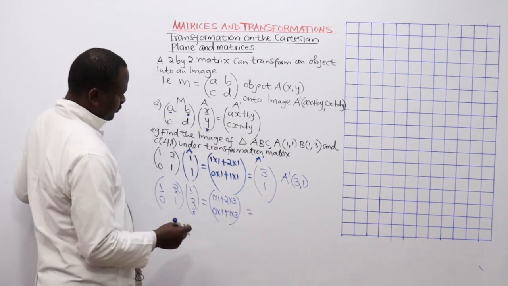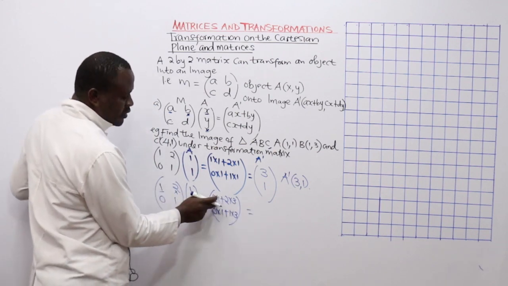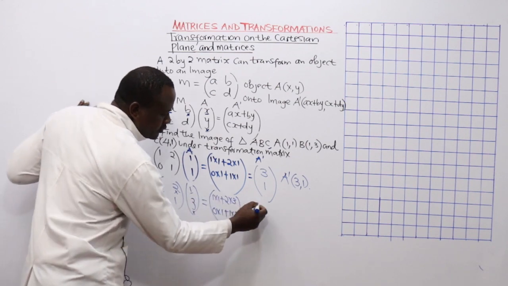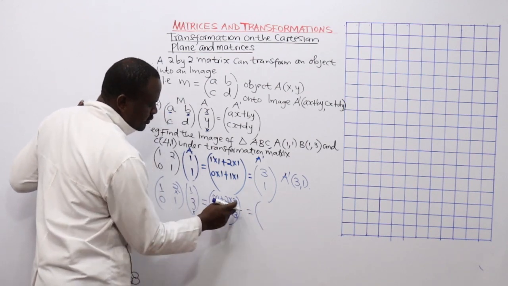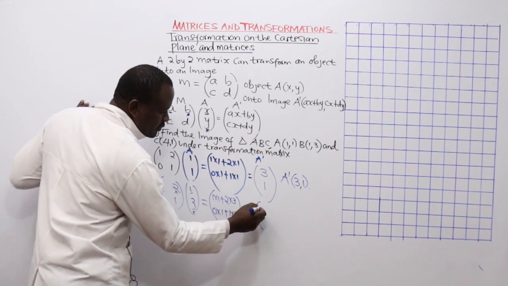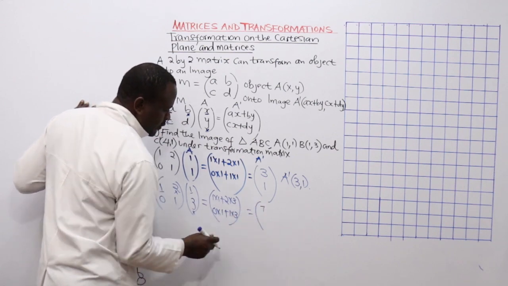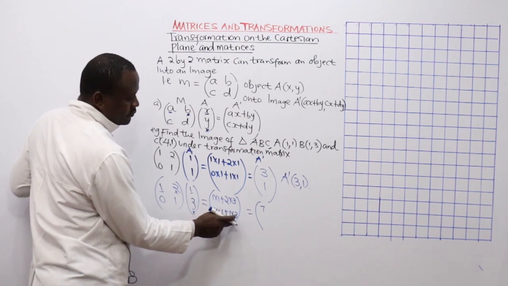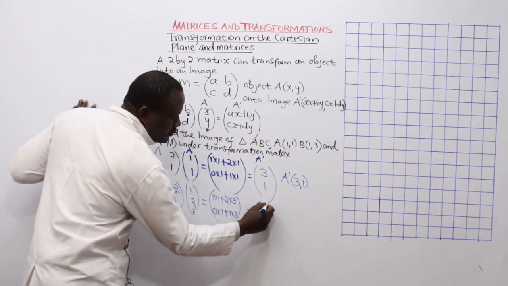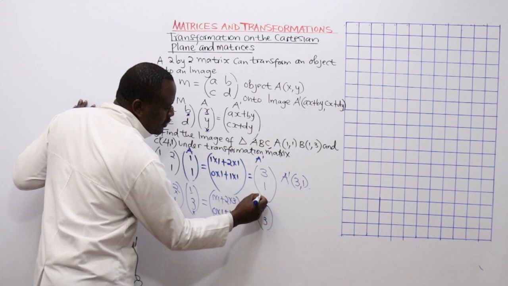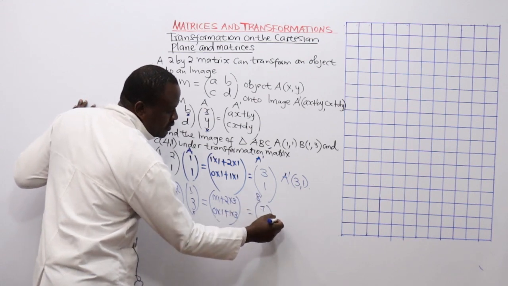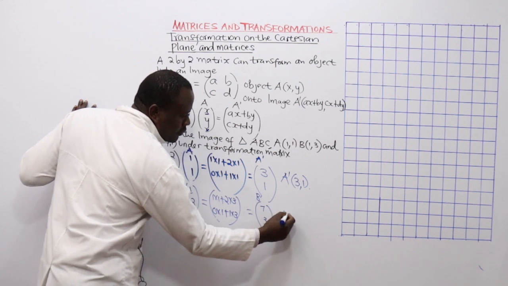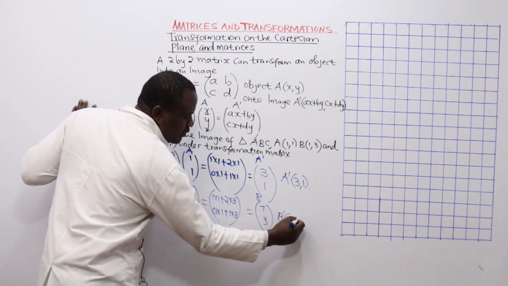We get 1 times 1 is 1, 1 plus 6 is 7, 0 plus 3 is 3. So this is B, but it is written as B prime, 7, 3.